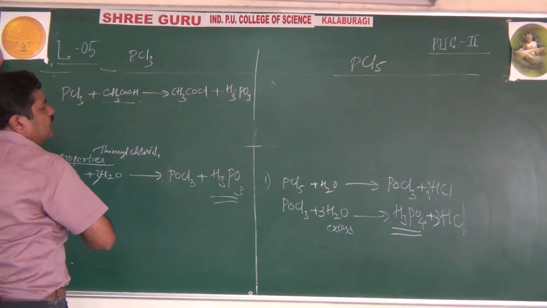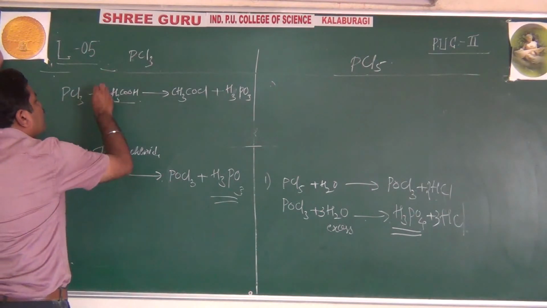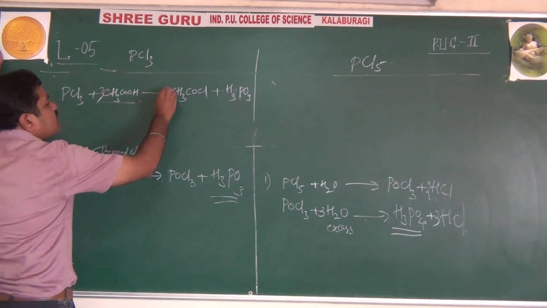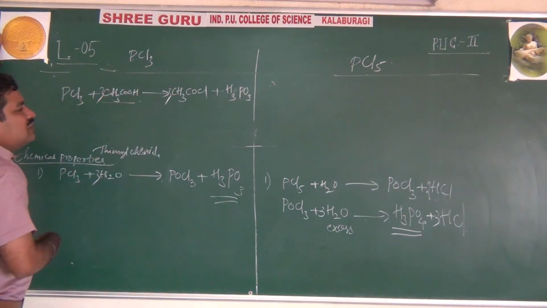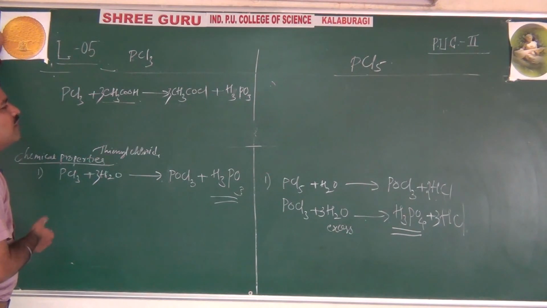Right? So generally 3 CH3COOH gives 3 CH3COCl. The rest is already balanced. H3PO3, 6.